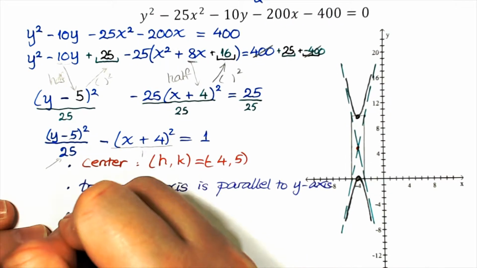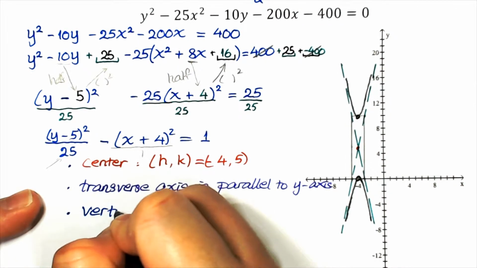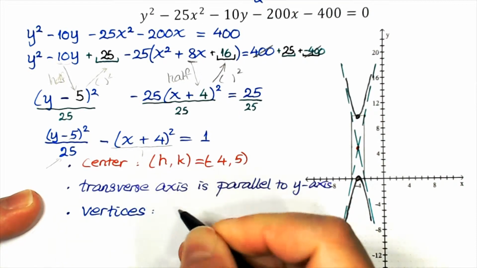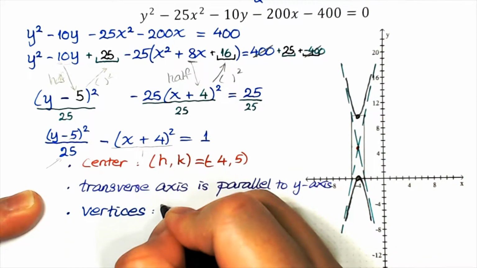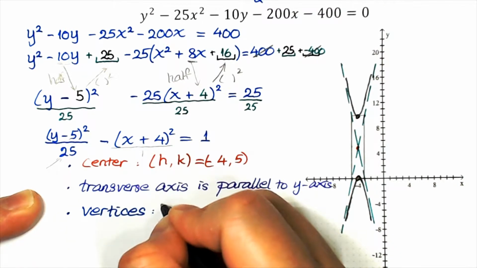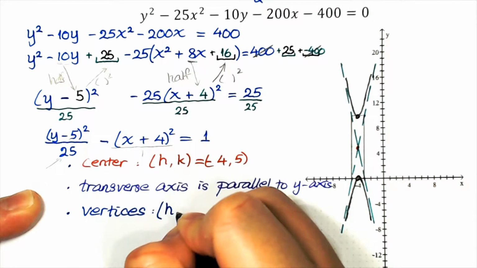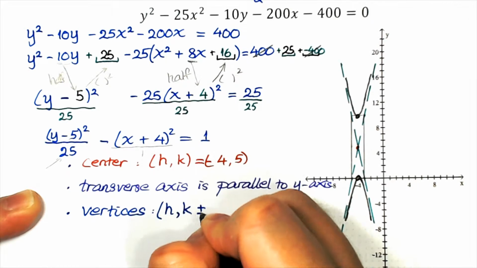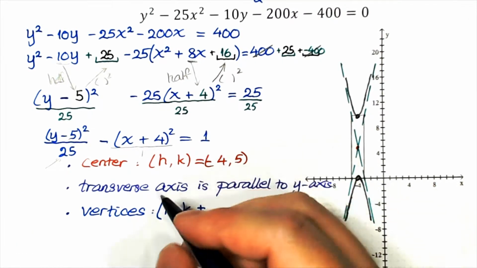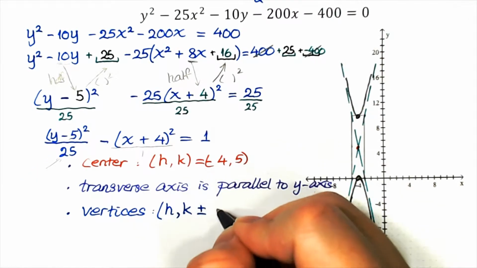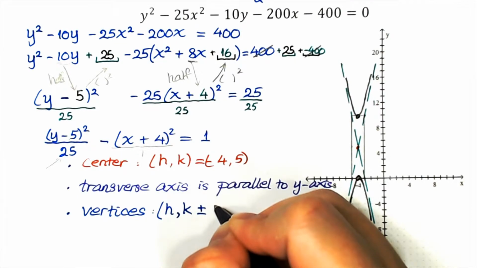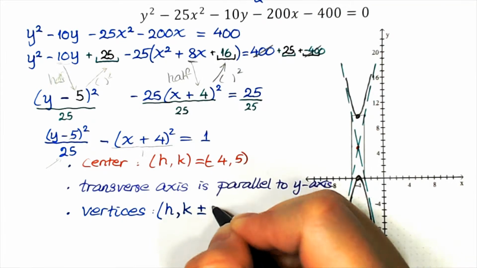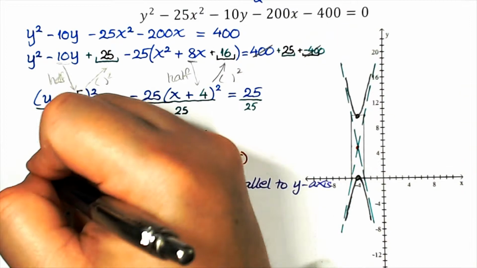So we say vertices. We can write the formula too, but h still stays the same. K, we're going to plus or minus, we're going to go up and down 5 units. That is a, by the way.